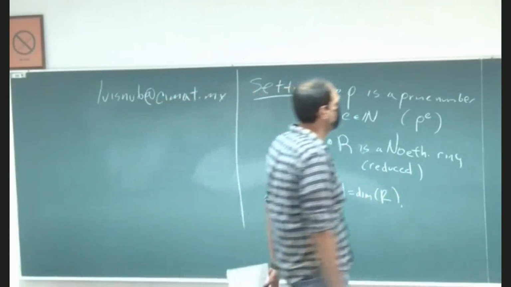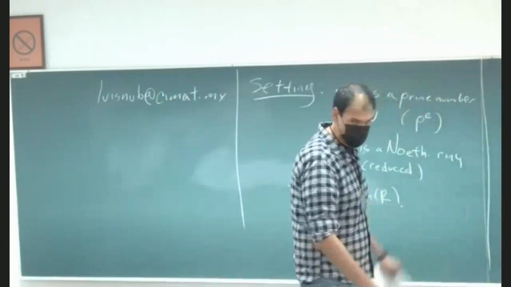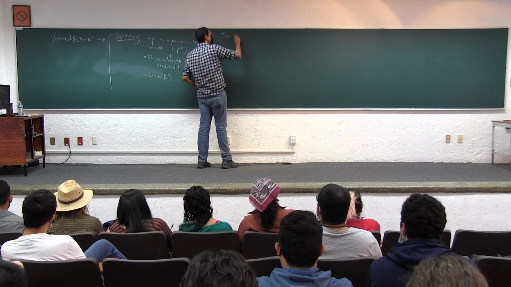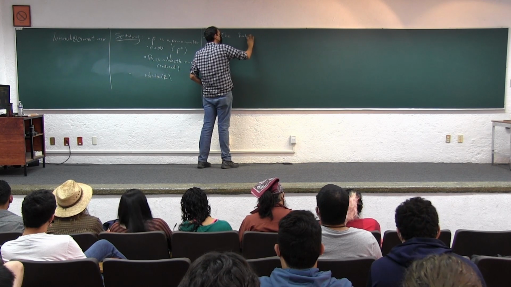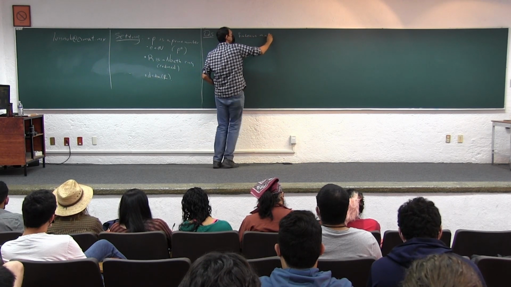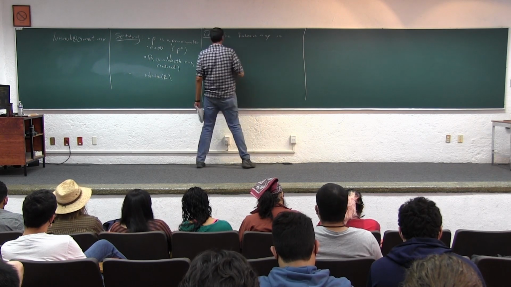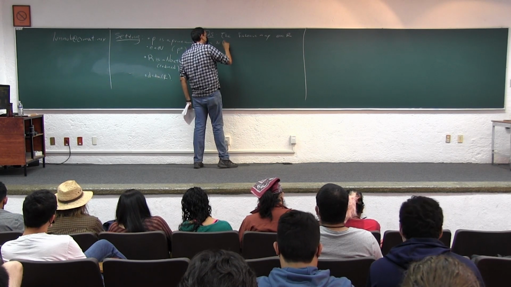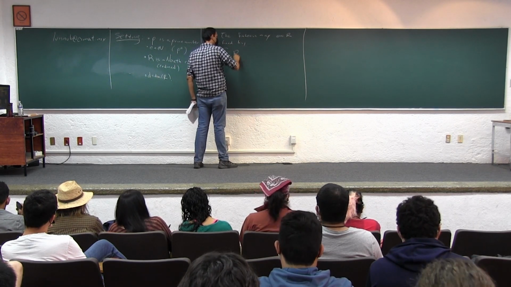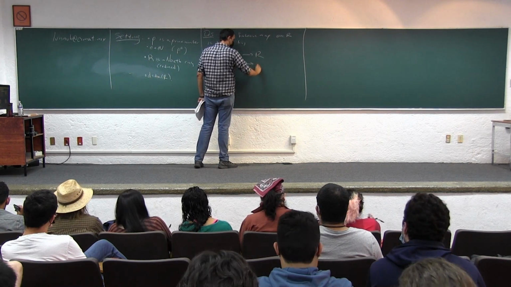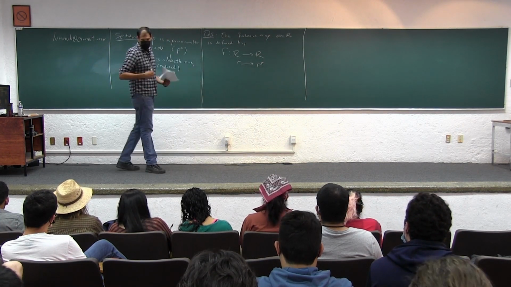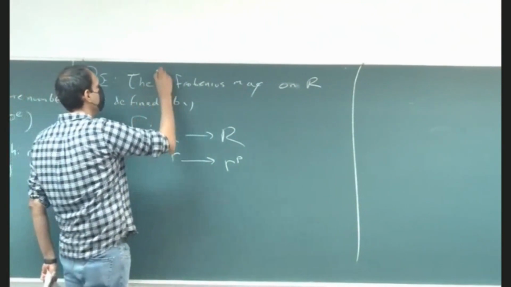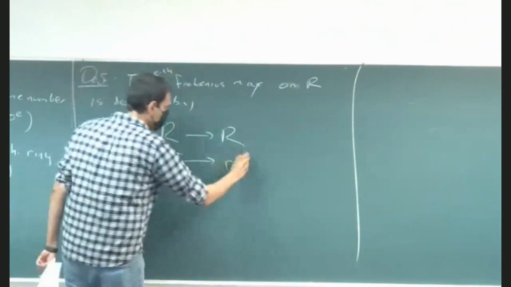Okay? So, I said I will start from the basics, so let me just define Frobenius. The Frobenius map on R is defined as follows. We have this map from R to R, and this is just the p-th power. Sometimes we're going to take p to the e, the e-th Frobenius, and we're just going to compose it.